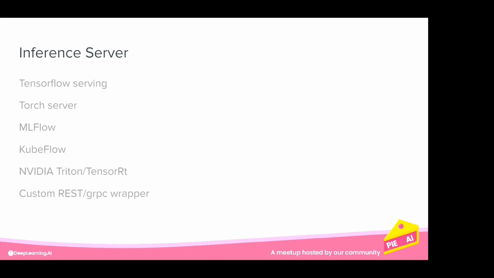So the inference server provides either an HTTP REST API, or probably gRPC or other protocols, and you can expose your model to be consumed by other services. There are TensorFlow Serving, PyTorch server, MLflow, Kubeflow, NVIDIA Triton, and TensorRT.